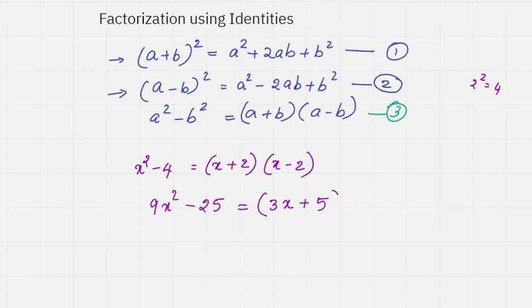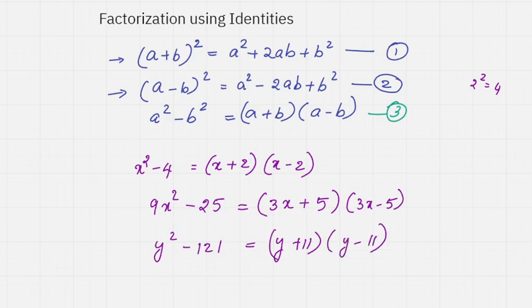So 3x plus 5 into 3x minus 5. Some other example like y square minus 121. Here y square is a perfect square and 121 is also a perfect square. The square root of 121 is 11. So we can write it as y plus 11 into y minus 11.